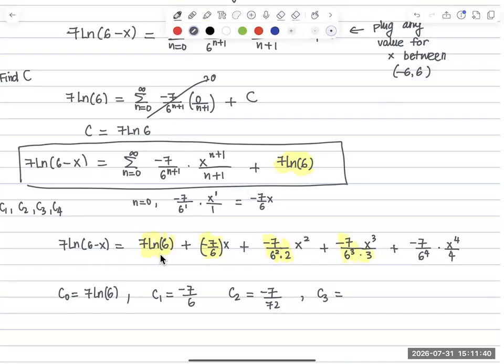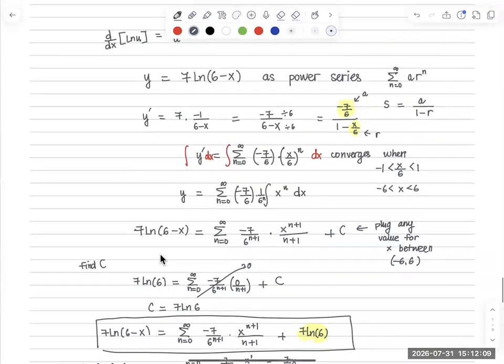So we will have -7/6 cubed times 3, which is 648. And then the last one will be this thing right here. So we have -7/6 to the power 4 times 4, which is 5,184. Okay, so that's how you approach this problem.